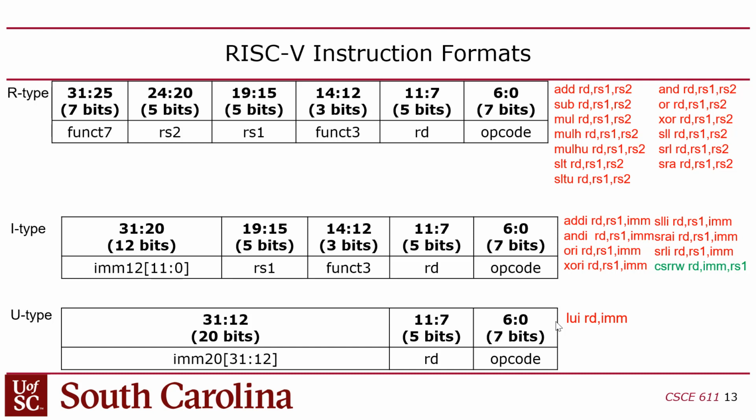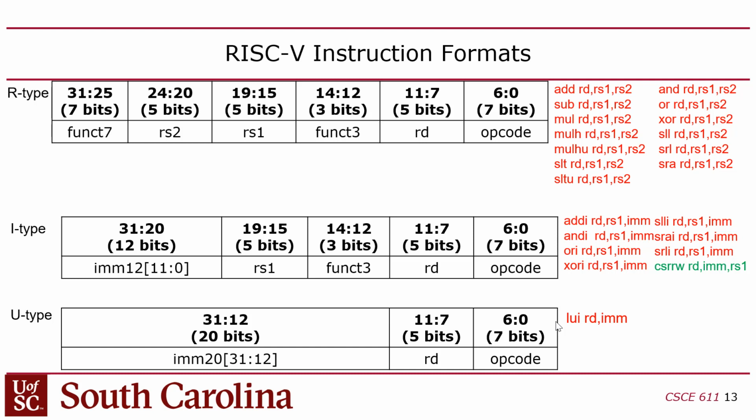Okay. Also, I mentioned last time, but there's these function fields, function 7, function 3. I-type has the function 3. Kind of a confusing format. So to figure out what an instruction is, you have to check the opcode first, because that's the only field that's common to all the encoding formats.